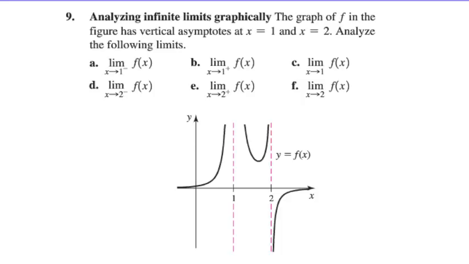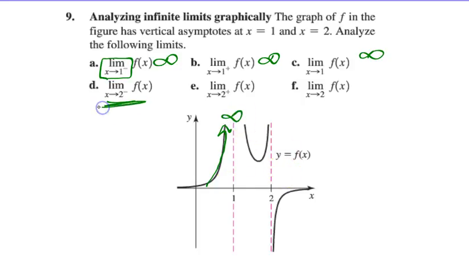Here again, I'd recommend pausing the video and evaluating the limit as x approaches 1 from the left. So here's 1 from the left. It's going to positive infinity. So everything around 1 is going to positive infinity.